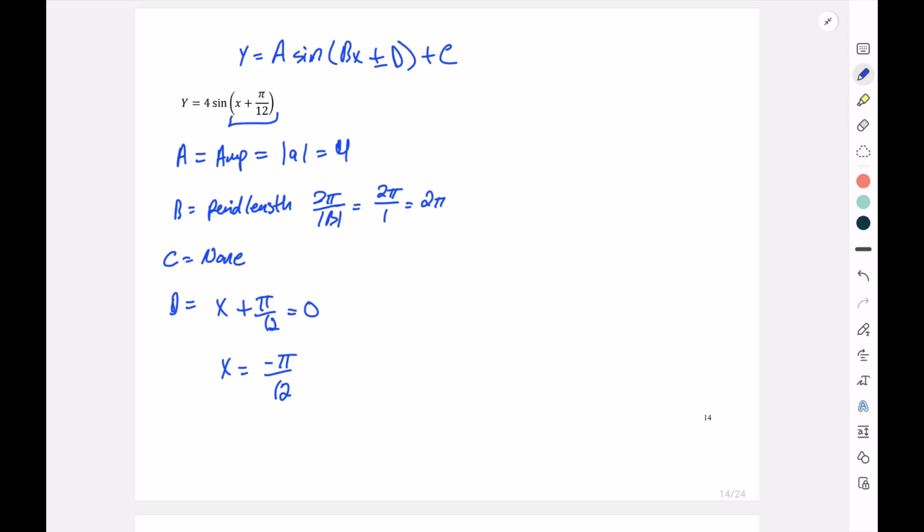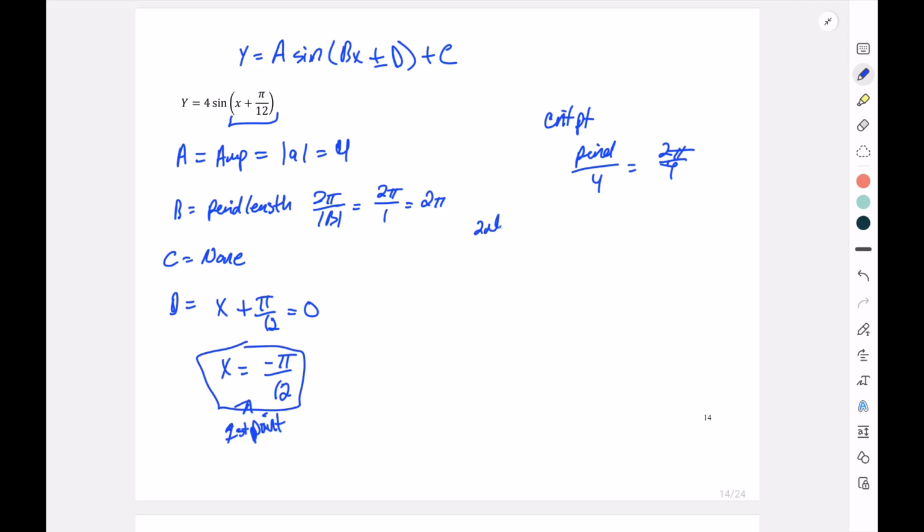So for our critical points, we will take our period over 4. And so we know that our period length is 2 pi, so we'll have 2 pi over 4. And we will add that on to our phase shift value. So for our first point, or our starting point, we know that it will be negative pi over 12.